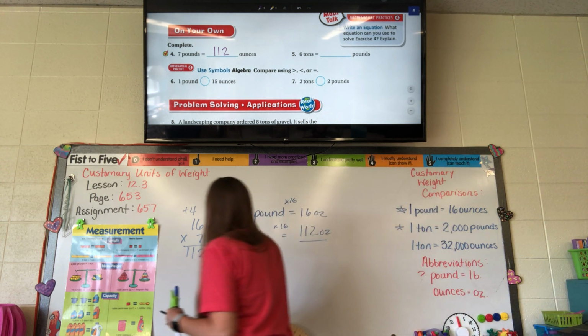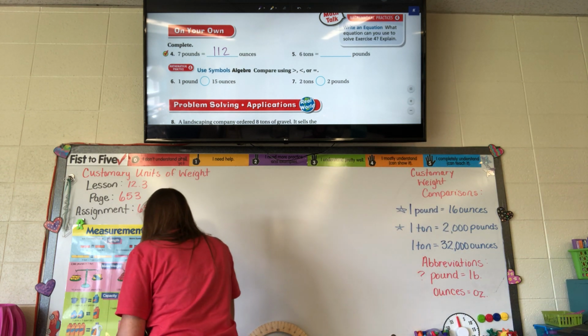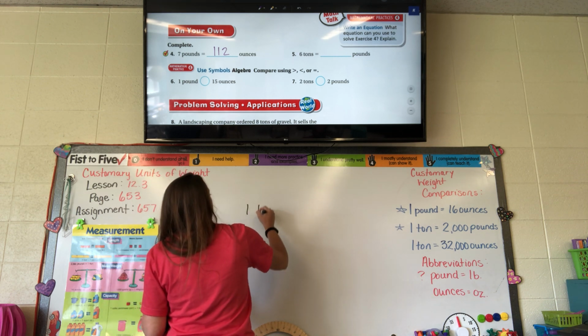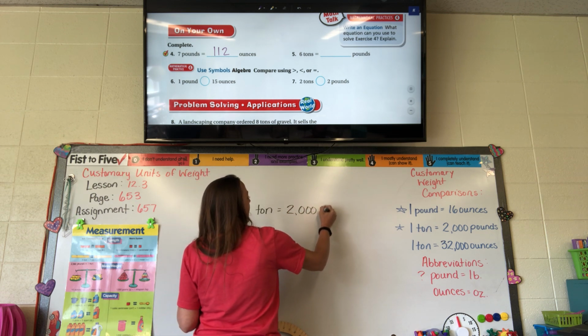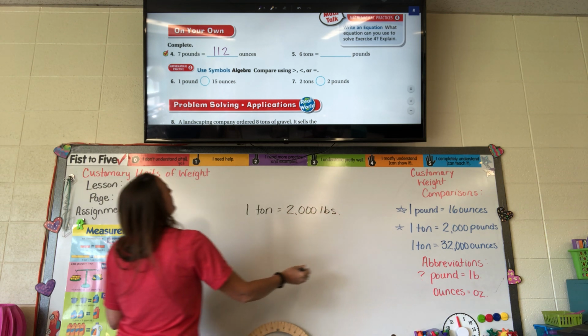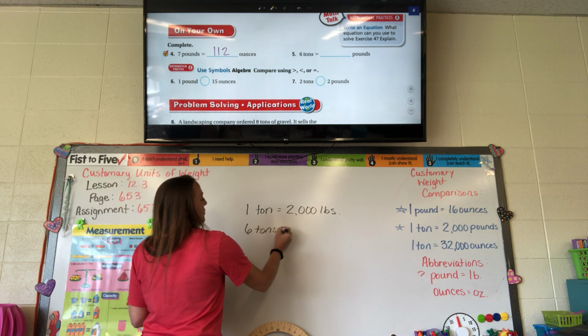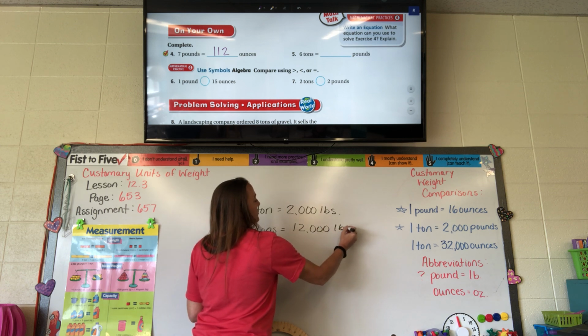Okay, tons and pounds. 1 ton equals 2,000 pounds. So 6 tons would equal 12,000 pounds.